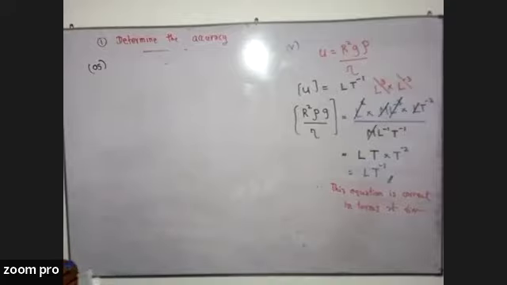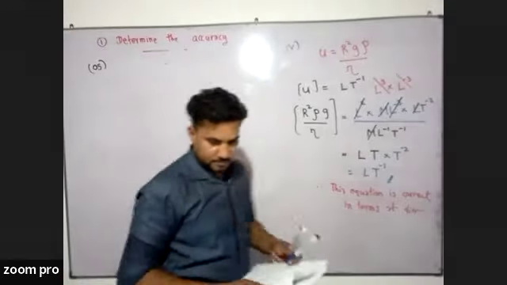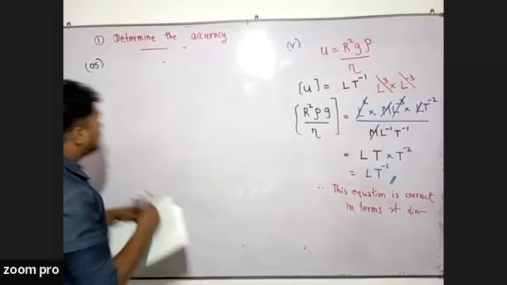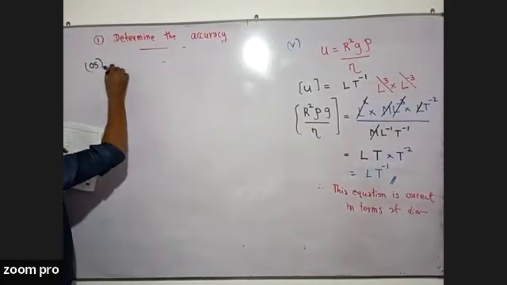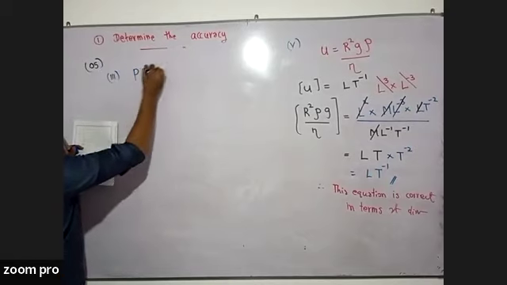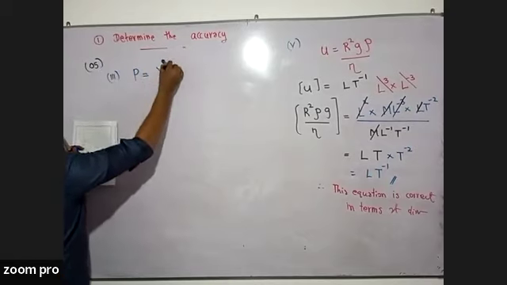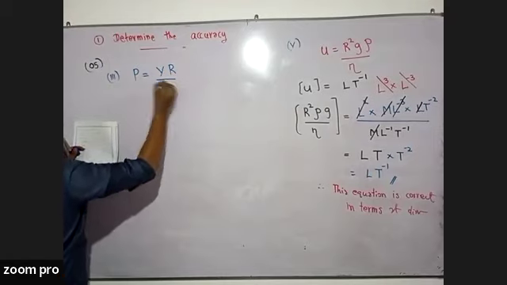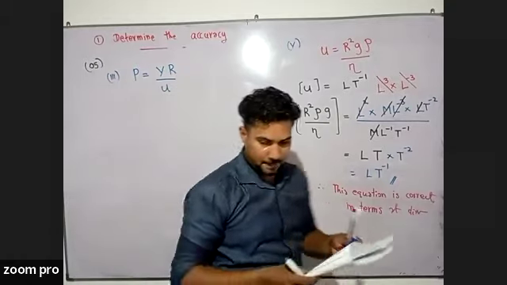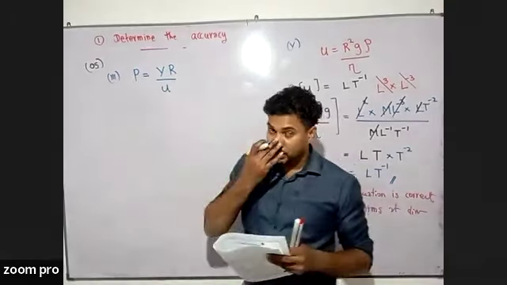So in the third question, you are given P equals YR over U, right? P represents the pressure, Y represents Young's modulus, right?